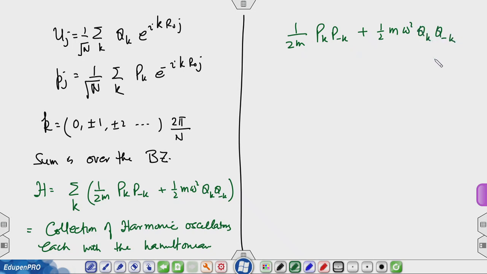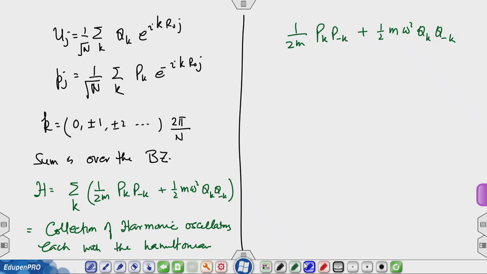You have added that. So, this whole thing, this collective oscillation is like a collection of harmonic oscillators, each with its own frequency. And how many harmonic oscillators? N of them, if we are doing it over n cells.